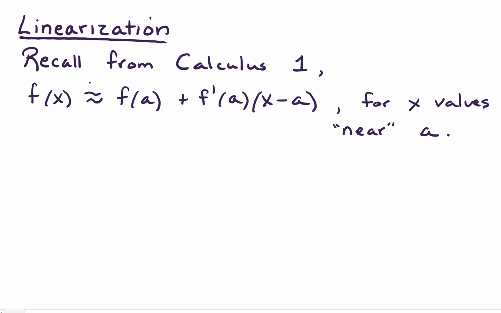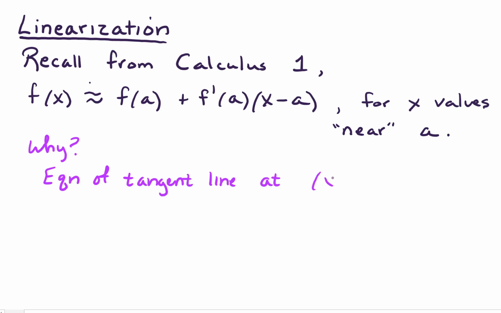So first of all, where is this coming from? Well, recall up above that we had the equation of a tangent line at the point x naught, y naught, and that result from our previous video looked like y minus y naught equals f prime of x naught times x minus x naught.